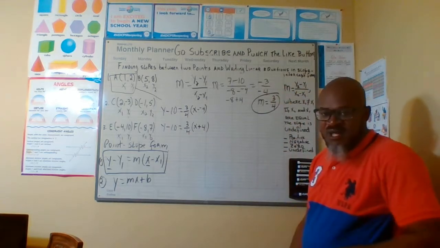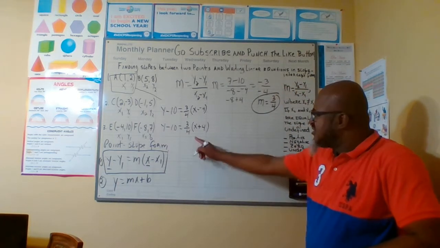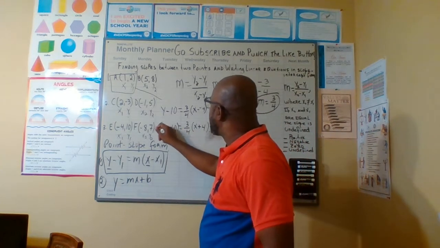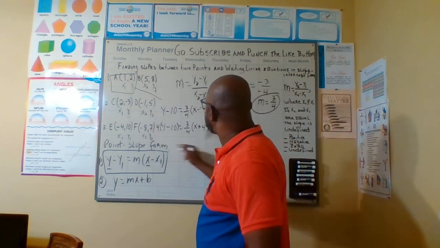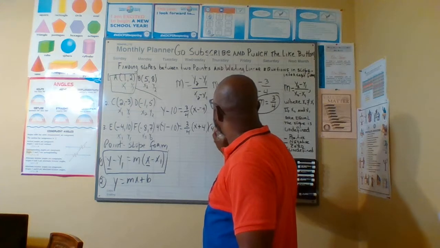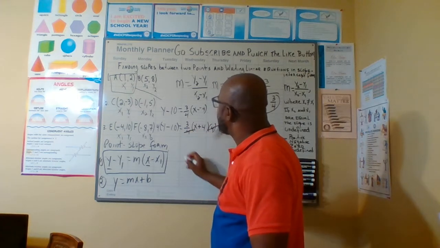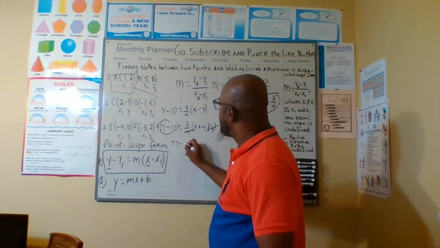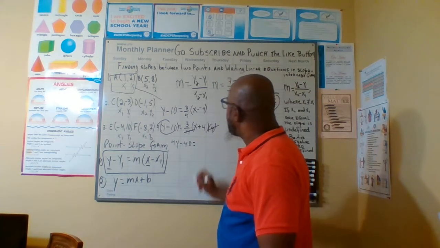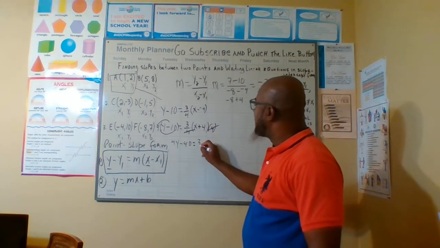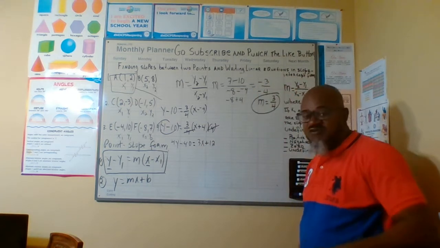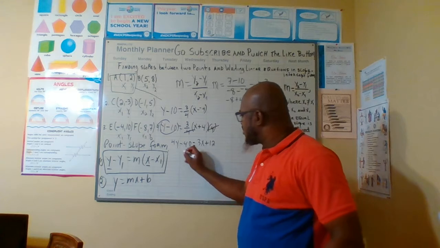Once again, look at it. I have a denominator, I have a fraction. The easiest thing to do is multiply both sides by 4. This 4 cancels this 4 out. Then use the distributive property. You will have 4y minus 40 is equal to 3x plus 12. In this case, you're solving for y, so you want y to be by itself.